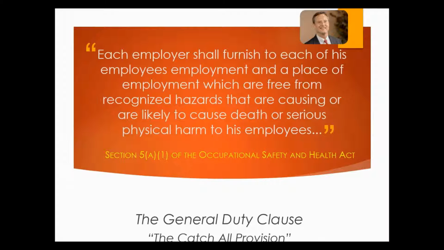The primary words that you'll need to focus on and that we're going to talk about is recognized hazards, physical harm, and employees. So basically, each employer shall furnish to each of his employees an employment and a place of employment which are free from recognized hazards that are causing or likely to cause death or serious physical harm to employees.